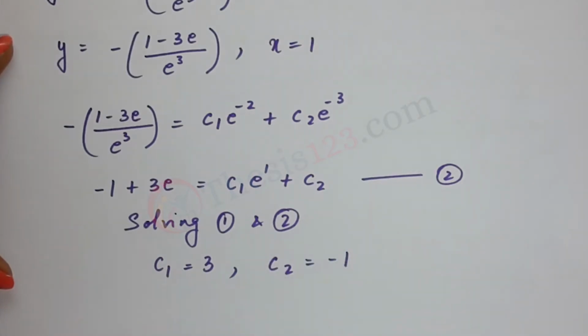You can solve it and check they must match these values. Once you have the values of c1 and c2, you need to substitute both into the general solution. When you do that, the general solution becomes the particular solution.